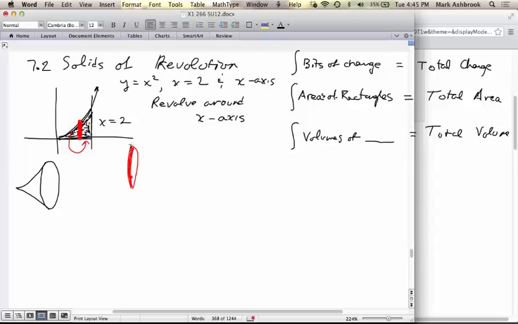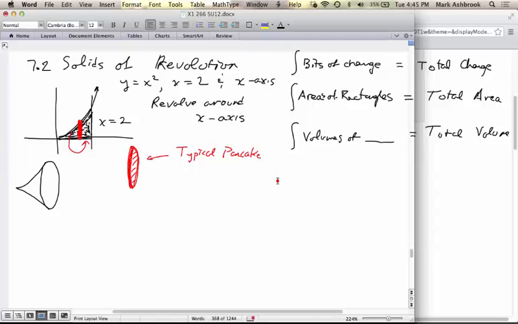So I have a little bit of practice with this, so I can make some decent pictures. Okay? So this is our typical pancake.